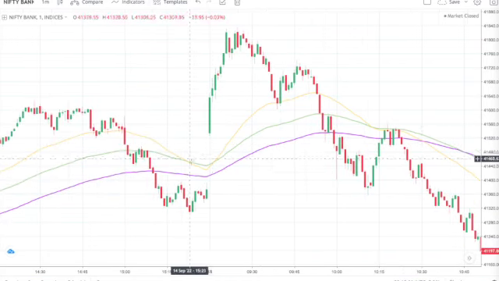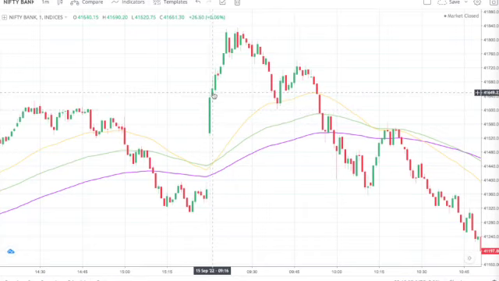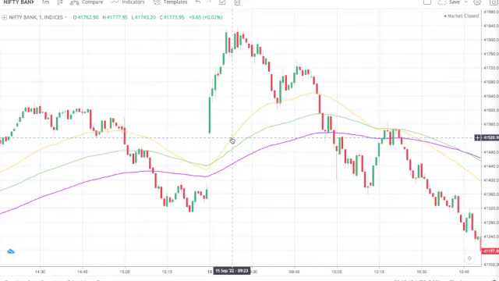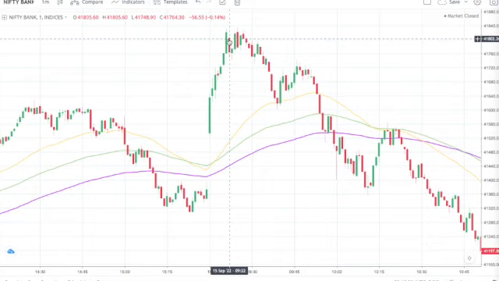When the market opened at 9:15, immediately if you would have entered on the next candle, because our confirmation is that it is above all three moving averages, then we would have got a very good target.